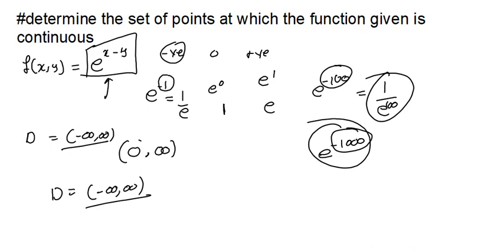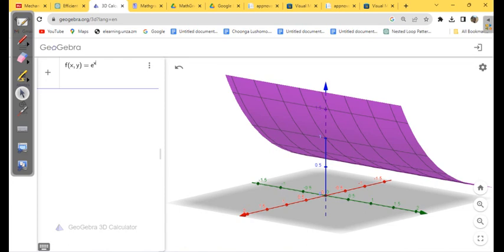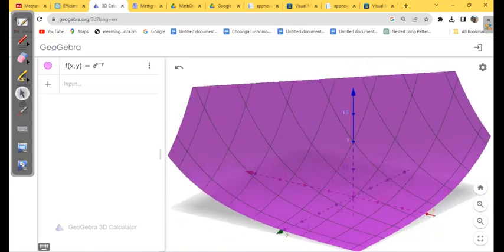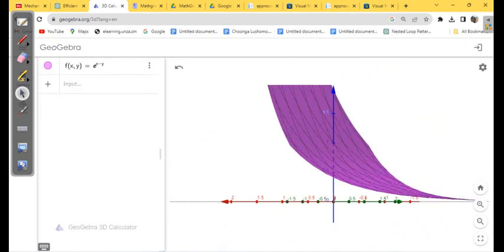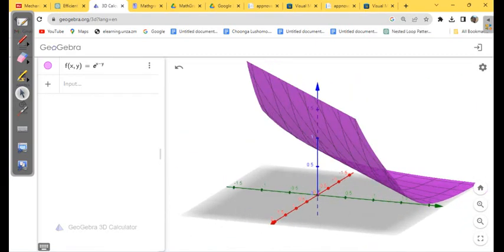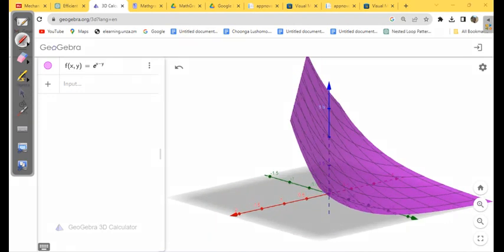Let's say we have f of x comma y equals e to the x minus y, and this is how the graph appears. In what I have here, this one is my x-axis, this one is my y-axis, and this one is my z-axis.